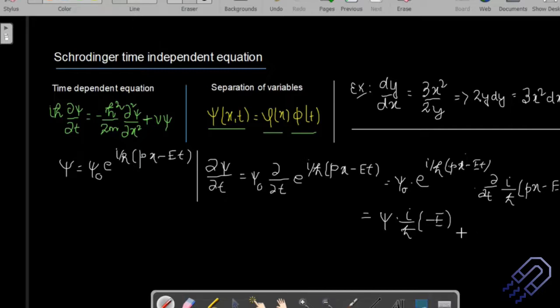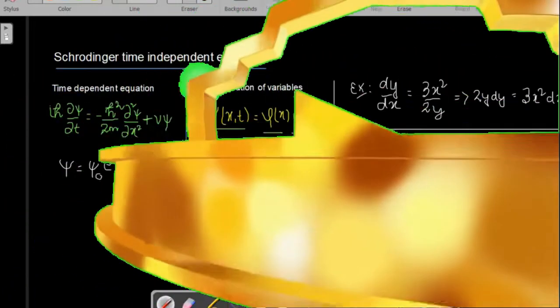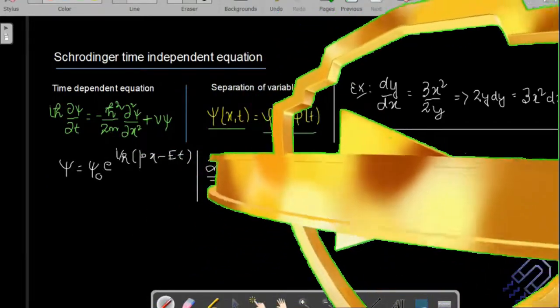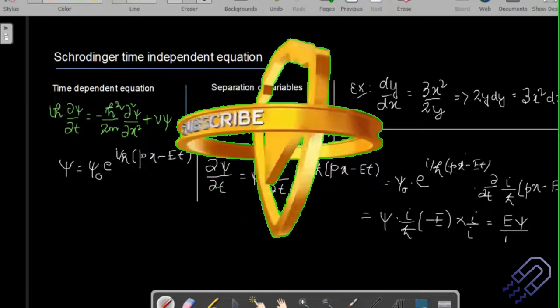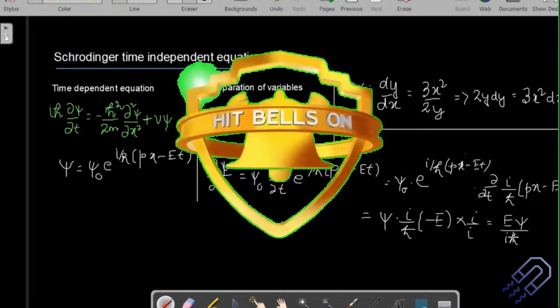Now if we do certain adjustments on this side, you can see there is an i, so we multiply the numerator and the denominator with i, and finally i into i squared is minus 1, minus minus becomes plus, so I can simply write it as E into psi divided by i h cross.